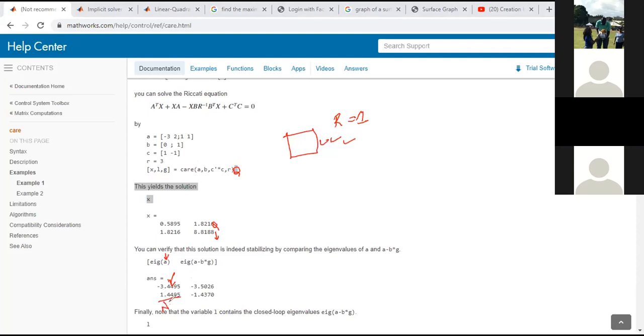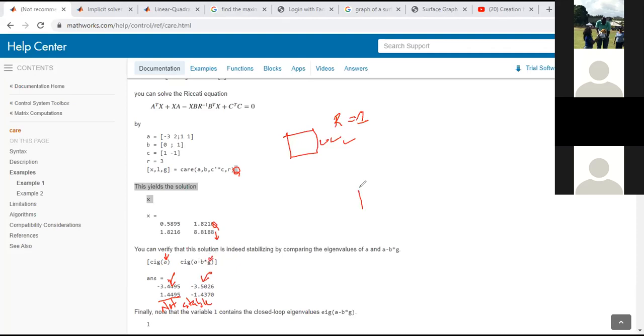Now, this is not stable. So the thing that you had initially is not stable. But when you apply the gains to the system, this G would be the gains.